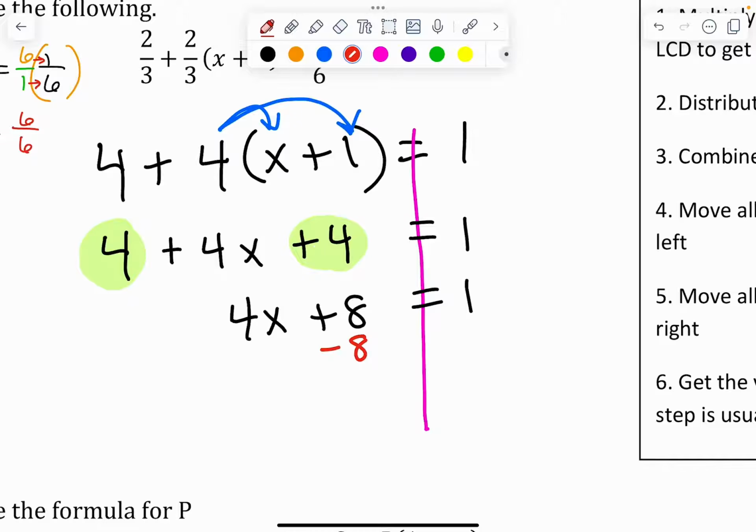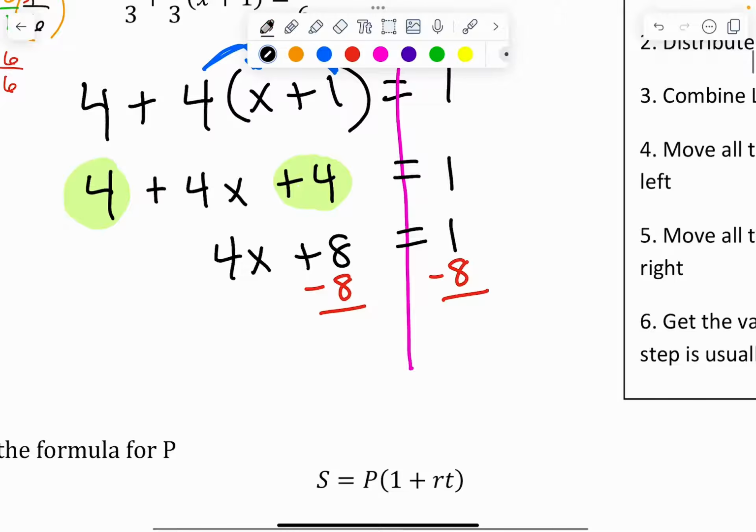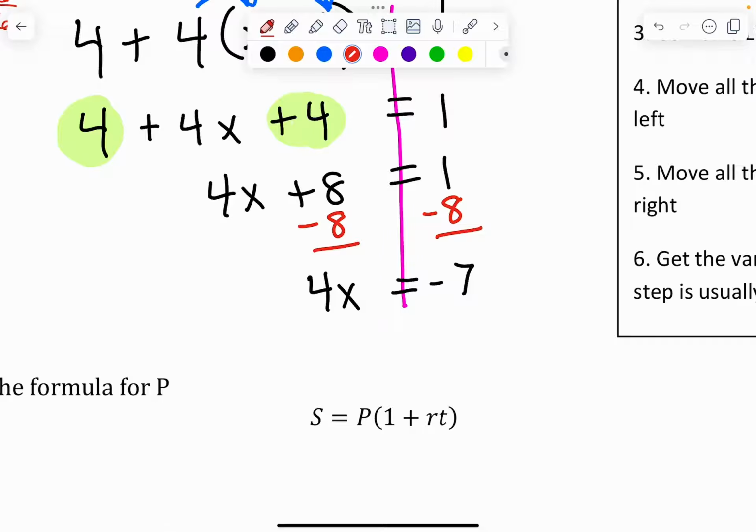Then we can move that 8 to the other side by subtracting it, and we get 4x equals -7. And now we can break apart that multiplication with division, and we get x equals -7/4.